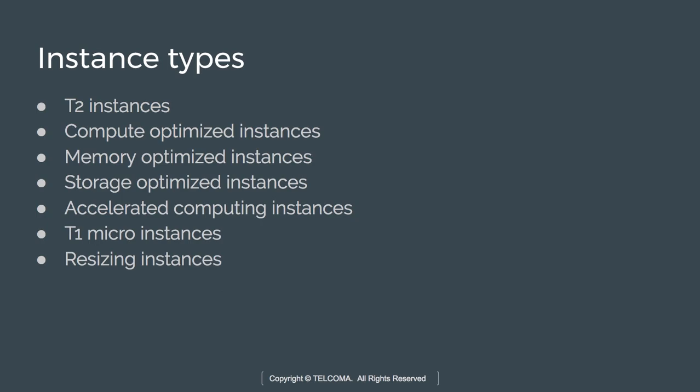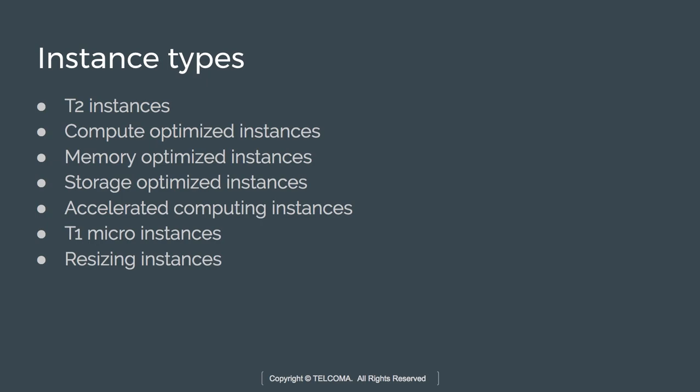We have batch processing workloads, media transcoding, high traffic web servers, massively multiplayer online MMO gaming servers, serving engines, high performance computing, and other compute intensive applications. For applications that require huge computing power, we have compute optimized instances.